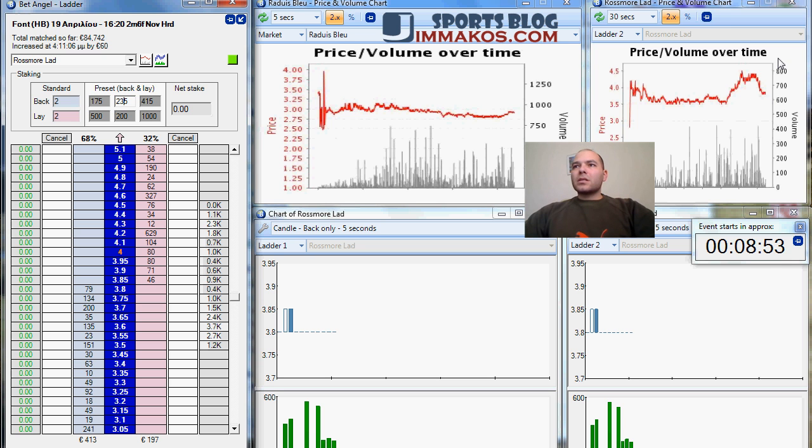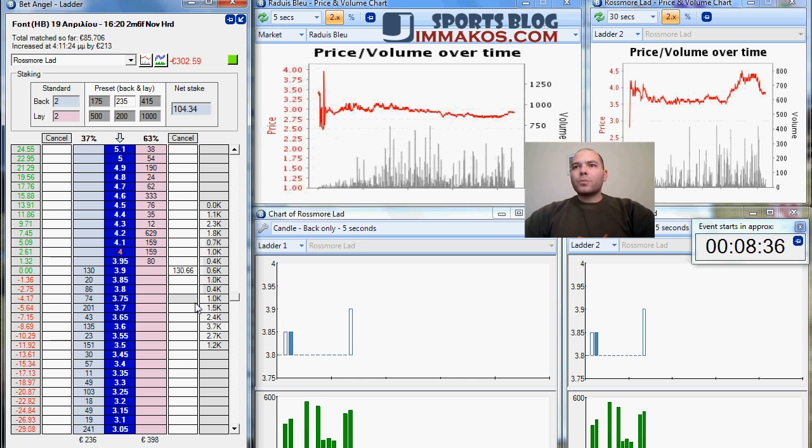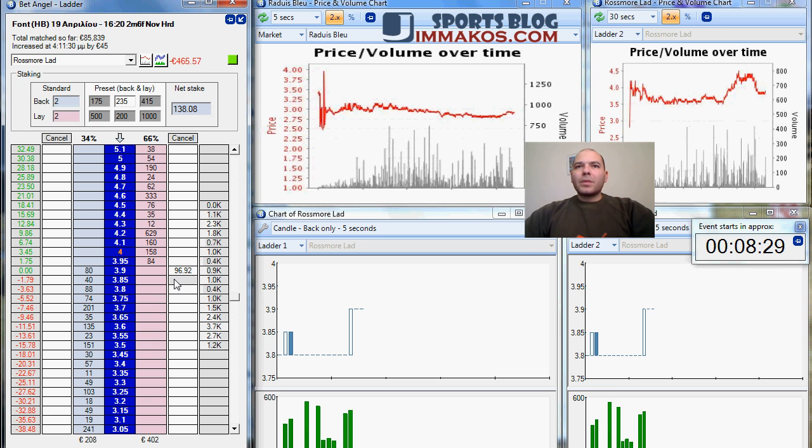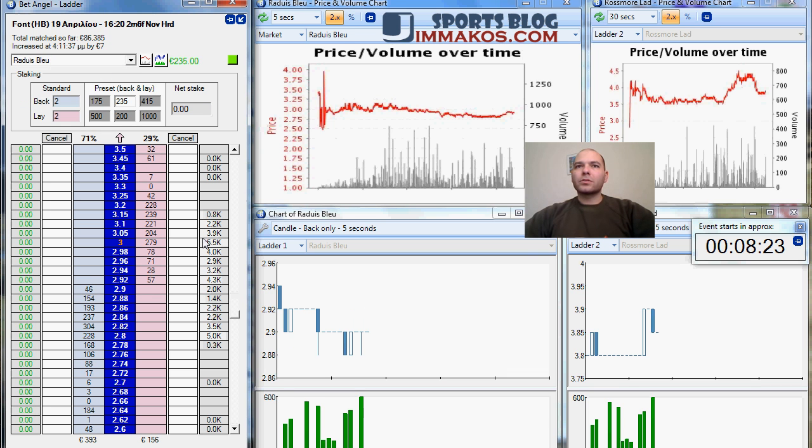I'm expecting, as I said, a bounce on that resistance level, now a support, and I'm going to place a lay bet in order to take advantage of an uptrend, which could probably go up to 4.5. I'm placing the bet, and when it is matched, I'm going to return to the first horse.